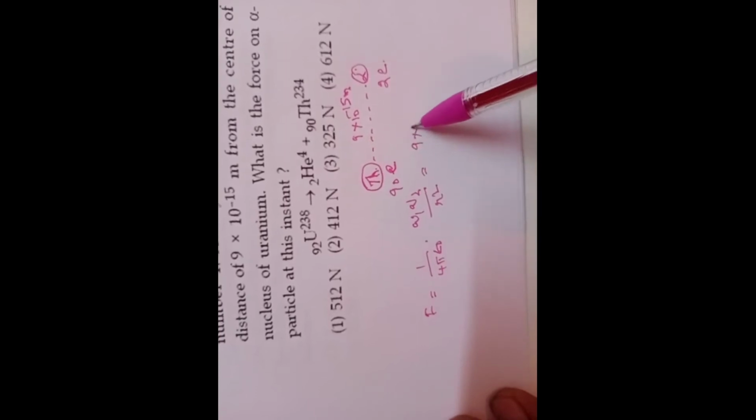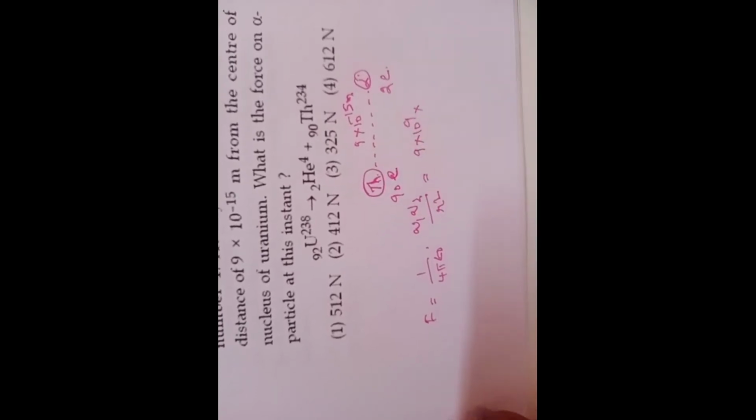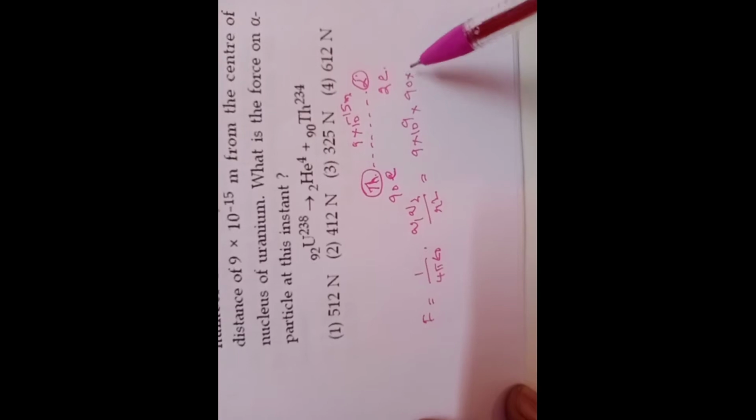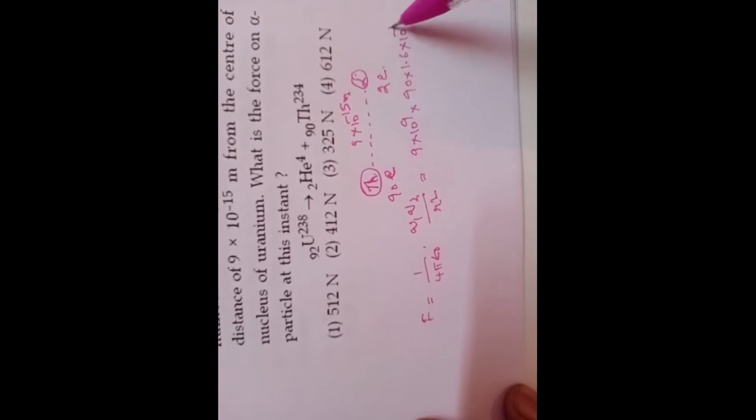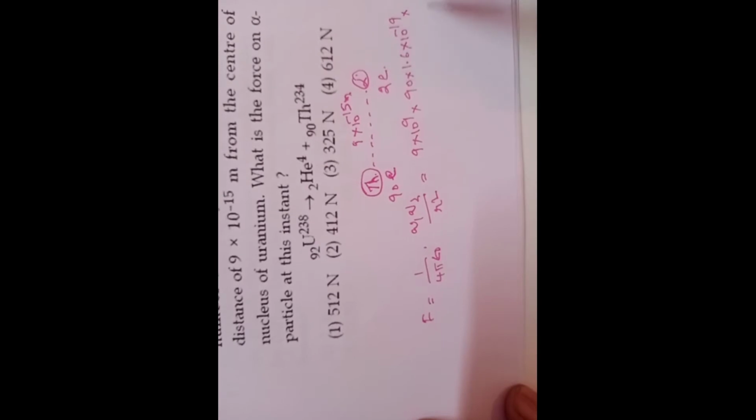That is the question. Force between the two charges, what is the formula? 1 by 4 pi epsilon naught q1 q2 by r square. We know 1 by 4 pi epsilon naught value will be 9 into 10 power 9. q1 is 90 e, e is 1.6 into 10 power minus 19. q2 will be 2e, that value will be 2 into 1.6 into 10 power minus 19, whole divided by r square.